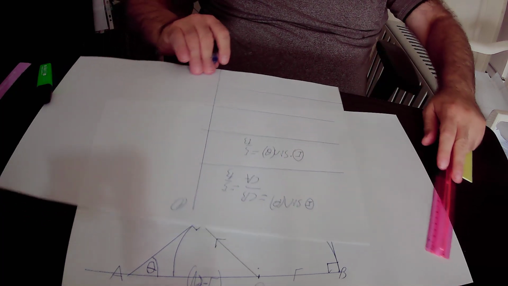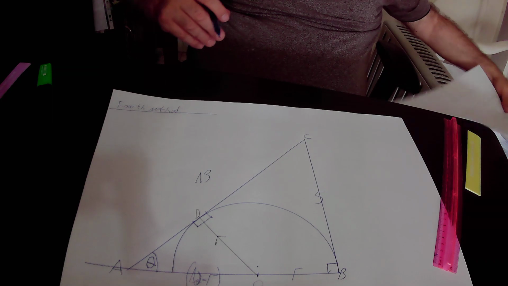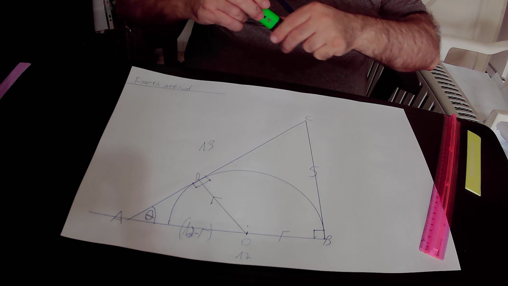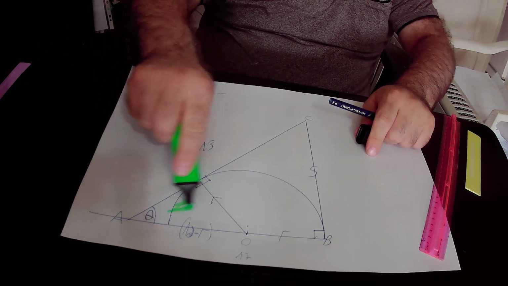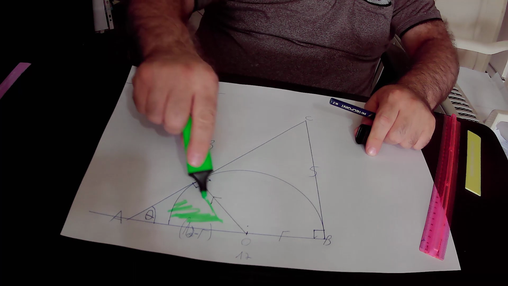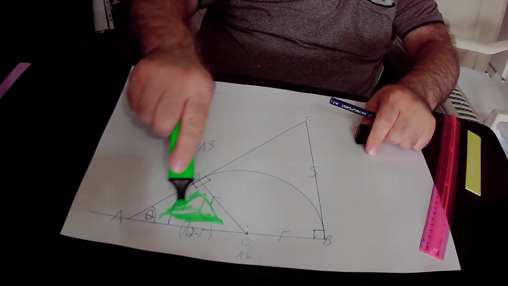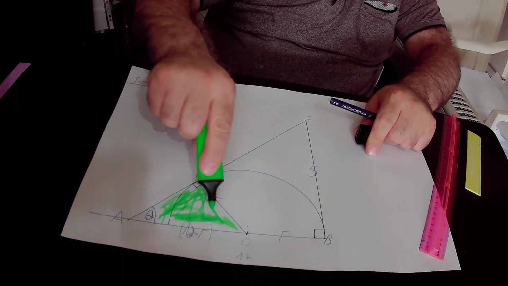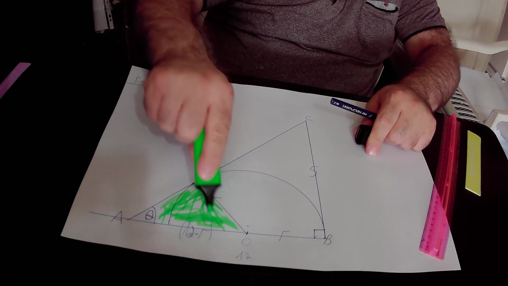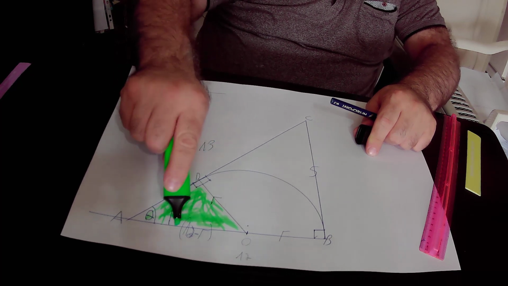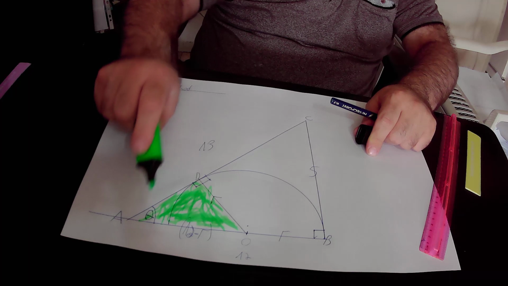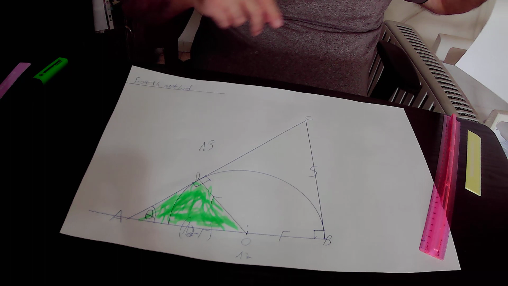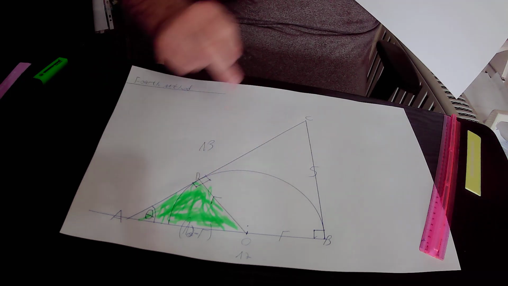In the next step, we will focus on the small right triangle, triangle ADO, the green right triangle. What is the value of sine theta in the green triangle? It is also a right triangle. So sine theta in the green triangle, triangle ADO, will be equal to DO over AO.